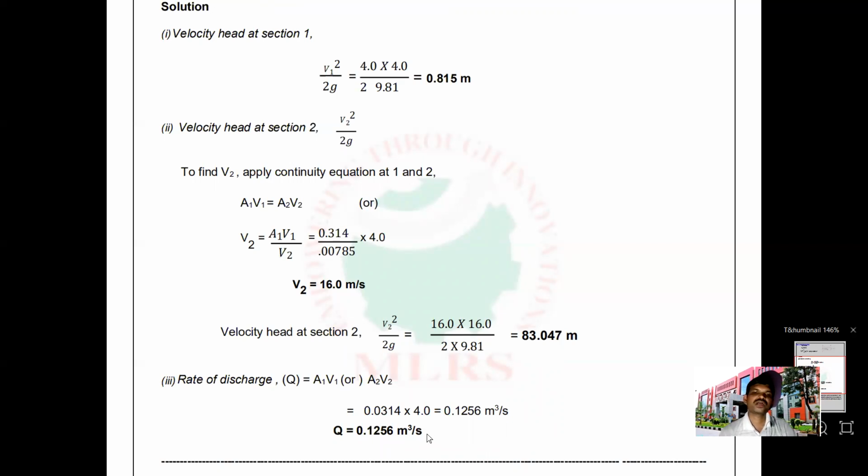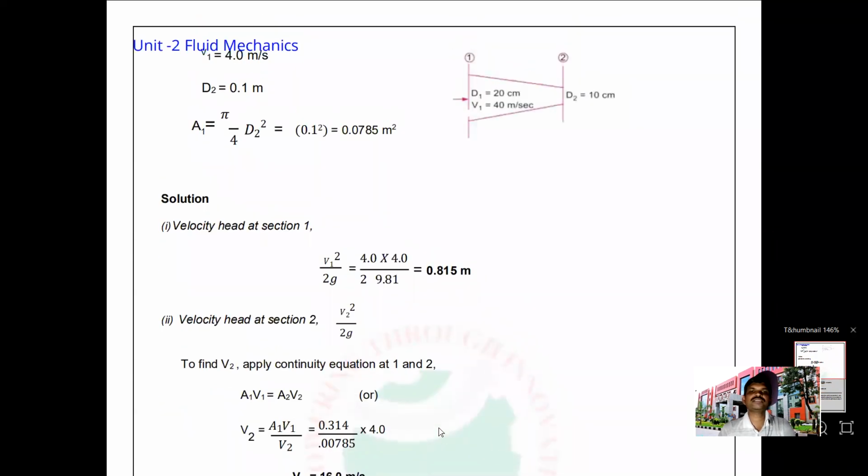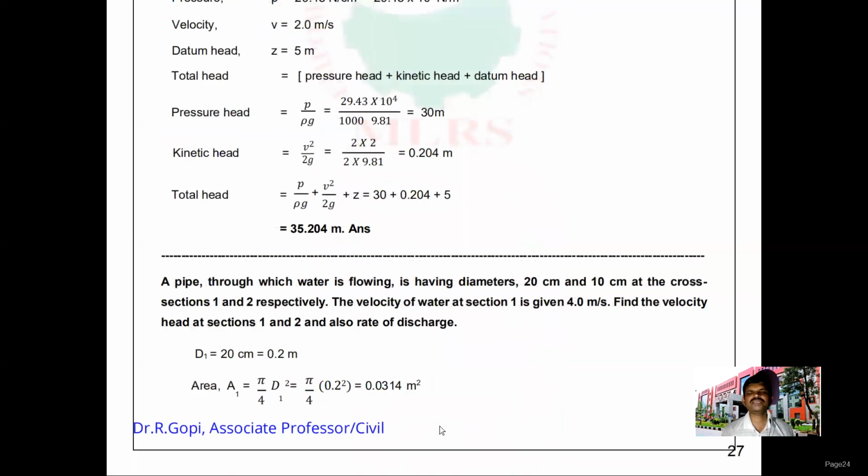This is the answer. This type of question they will ask for 10 marks. This is a very simple question. Once you understand the question, the answer is very small and very easy.